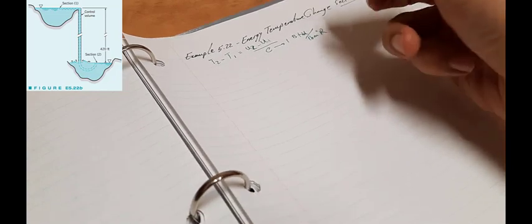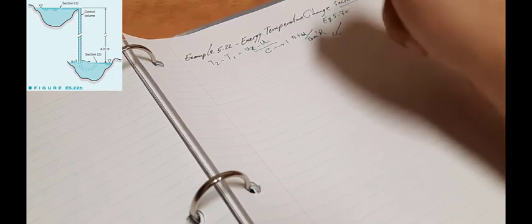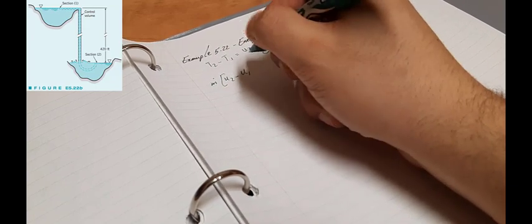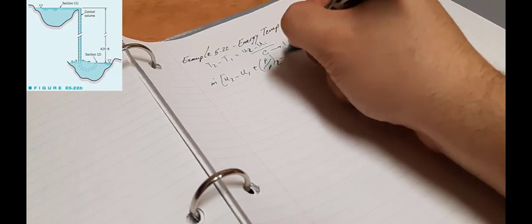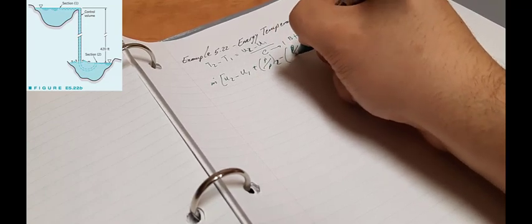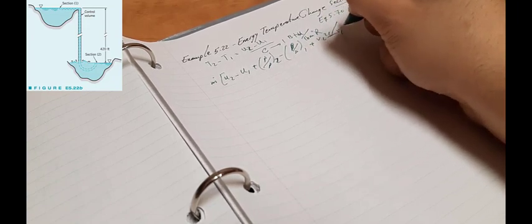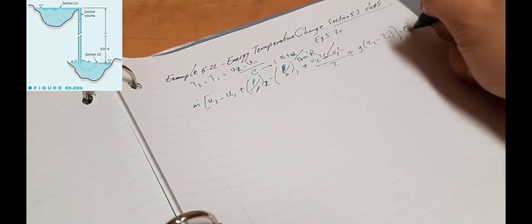So if we just apply it on equation 5.7t, we're gonna have this: m dot times U2 minus U1 plus P over rho in section 2 minus P over rho in section 1 plus V2 to power 2 minus V1 to power 2 over 2 plus g times Z2 minus Z1. It is going to be equal to Q dot net in, since we don't have any work.